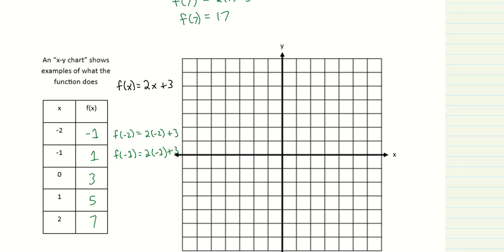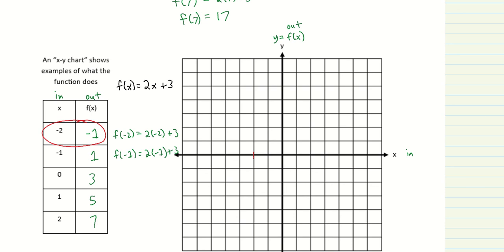Okay, so we can take those inputs and outputs. That's an input and that's an output. Let's let the y-axis stand for the outputs, and let's let the x-axis stand for the inputs, and we can take every one of these points, like -2, -1.